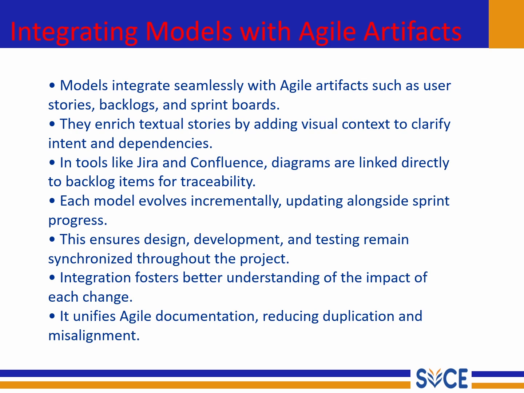Each model evolves incrementally, updating alongside sprint progress. This ensures design, development, and testing remain synchronized throughout the project. Integration fosters better understanding of the impact of each change. It unifies agile documentation, reducing duplication and misalignment.